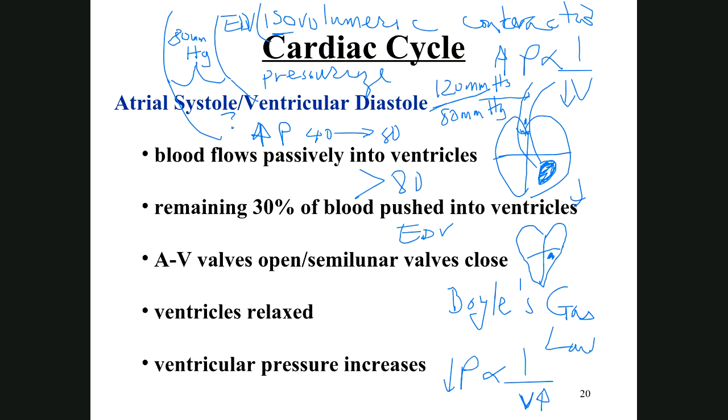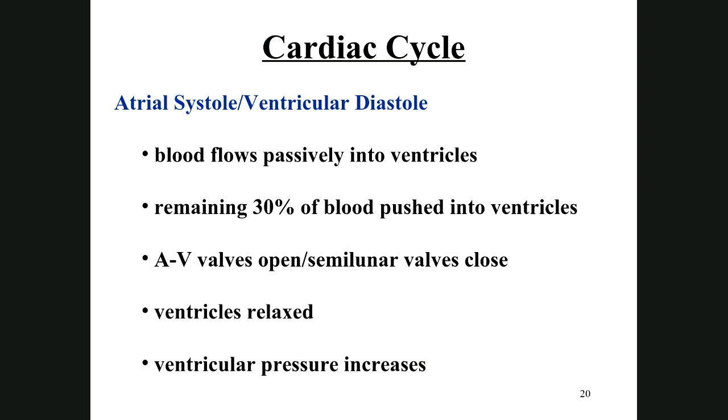All right, that's a lot of information there. Let's review. In the cardiac cycle, there are two events happening. In one event, you get the venous return. Most of the blood coming back to the heart goes through the atrium and down to the ventricle.